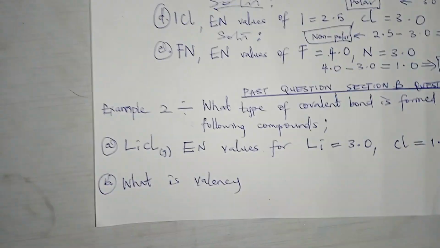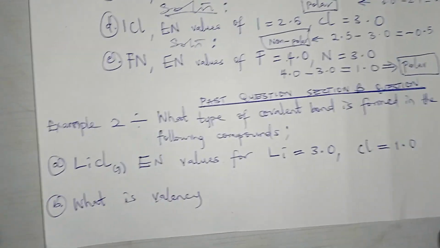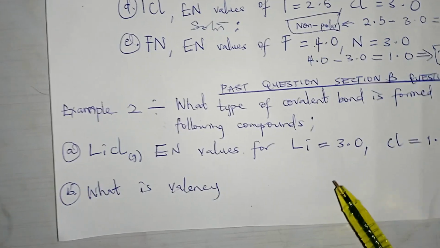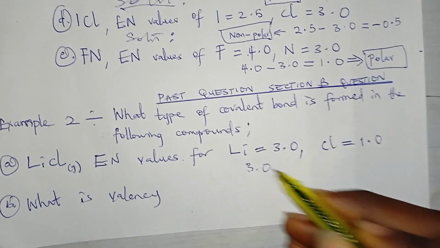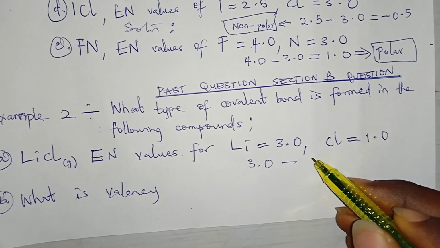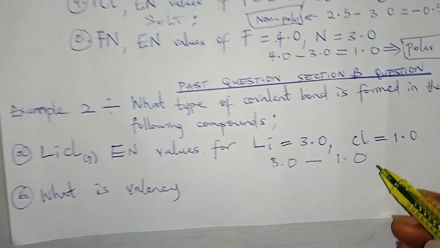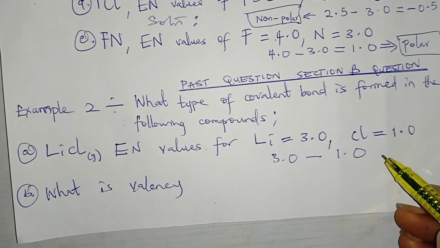So let's move to the last part. What type of covalent bond is formed in the following compounds? I have lithium chloride. I'm giving lithium to be 3.0 minus, I'm giving chlorine to be 1.0. It's not steady; whatever they give you is what you work with.